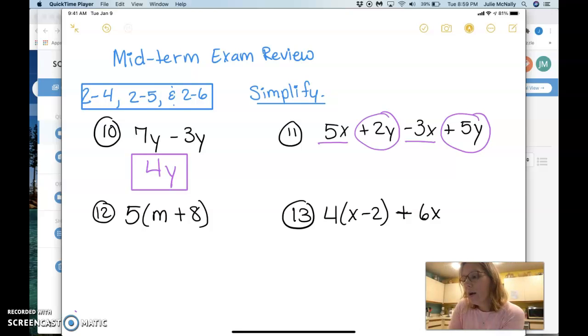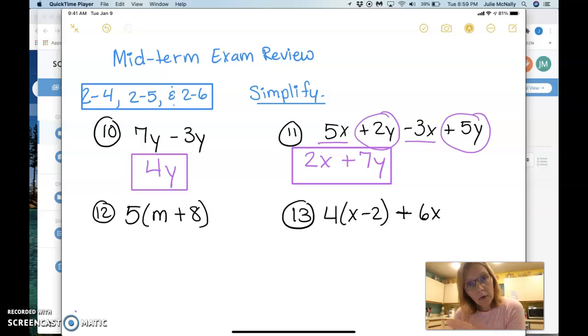So 5x minus 3x is going to equal 2x, and then 2y plus 5y is going to equal 7y. And that's it for that one. I can put my x's together because they have the same variable, and I can put my y's together because they have the same variable, but then I have to stop because x and y are different.